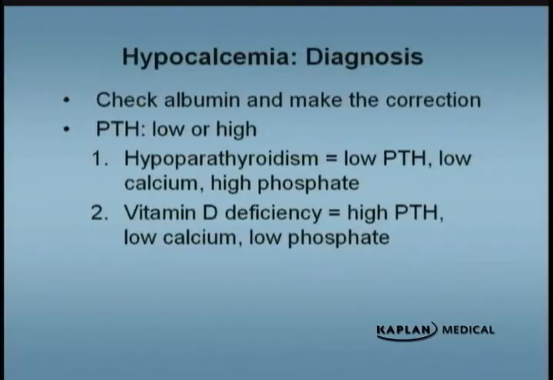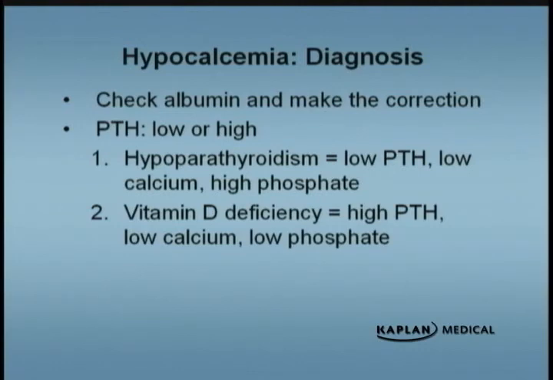So if the patient has true hypocalcemia, then the next step is to check a parathyroid hormone. If the parathyroid hormone is low, then it could only be one thing, hypoparathyroidism.